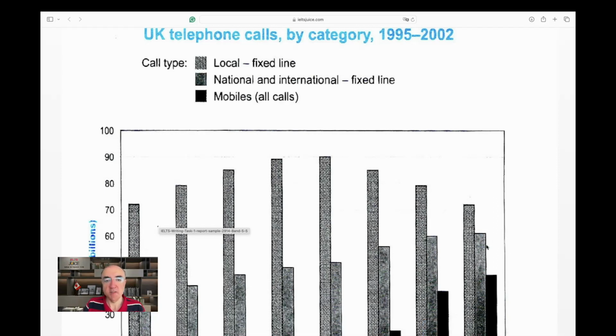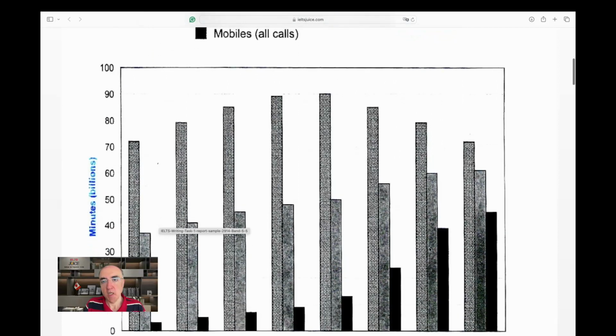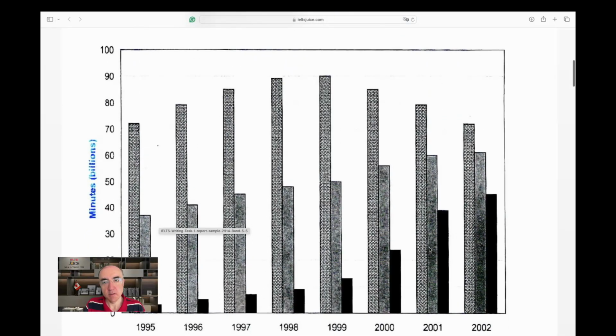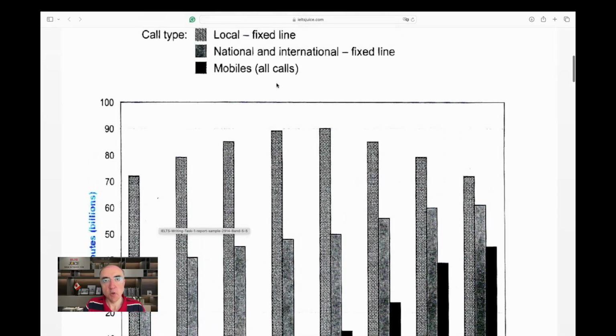What is significant here? One thing that I note immediately is that local fixed line is, or was, always the highest. But it had this peak here in the middle, and then it declined.